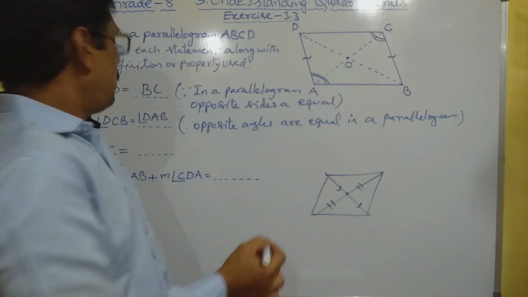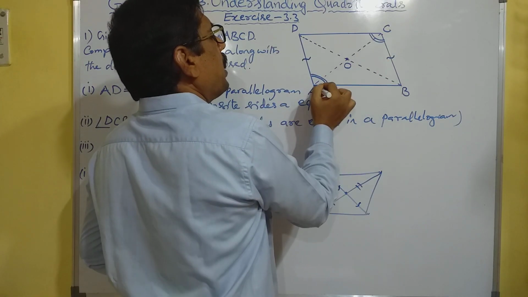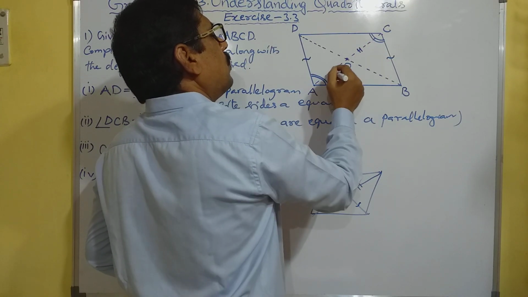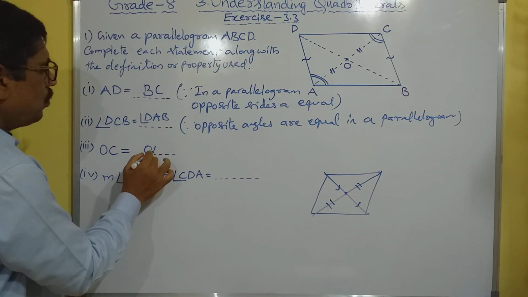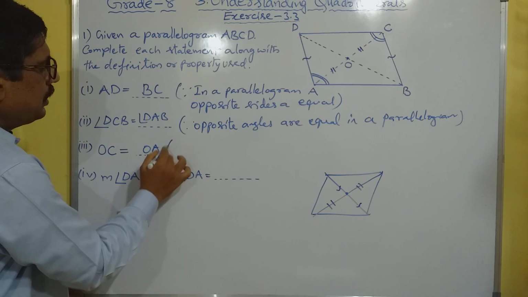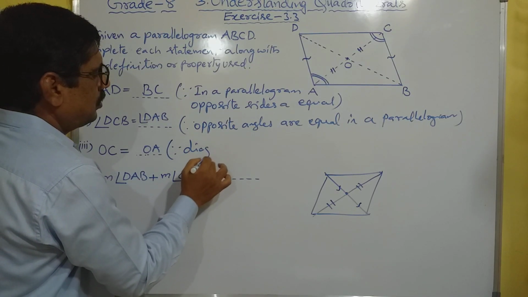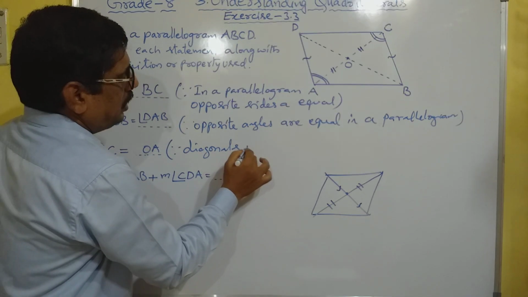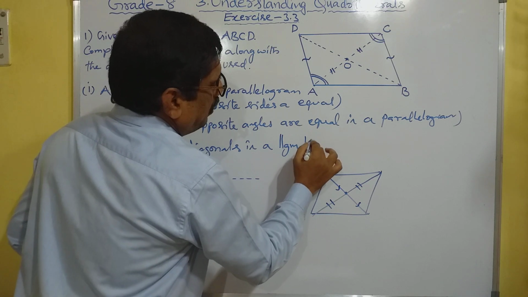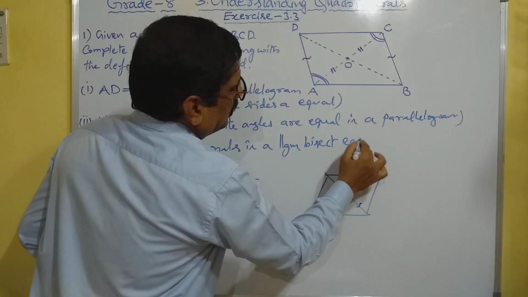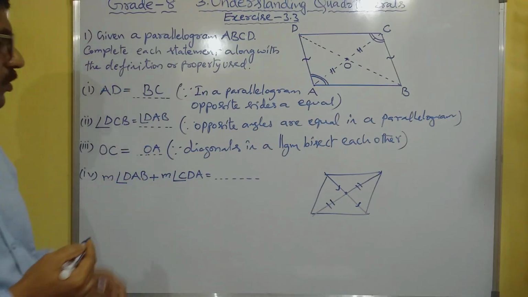So from the diagram we can say that OC is equal to OA. The reason is, the diagonals in a parallelogram bisect each other. So by using this property we can say that OC is equal to OA.